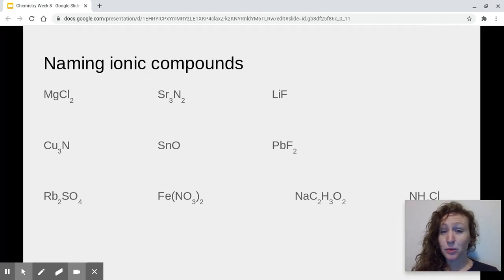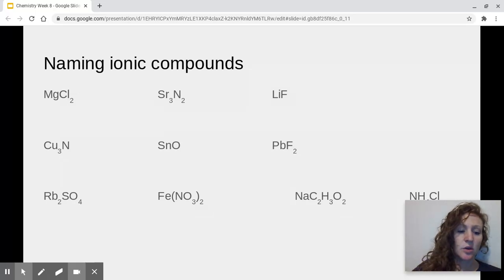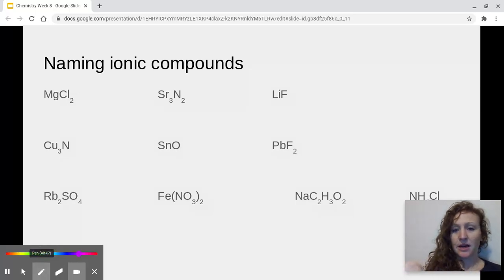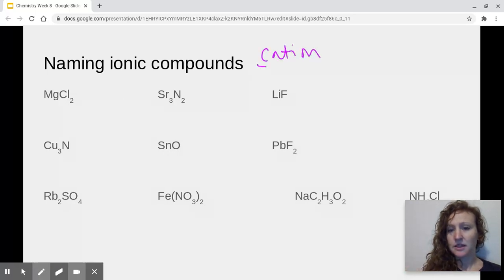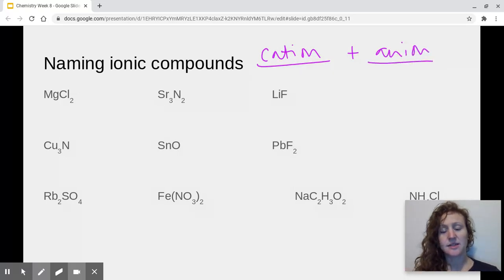So the basic premise of naming ionic compounds is pretty straightforward. We know that ionic compounds are made from a cation and an anion. And we know that the cations and the anions have been doubled or tripled or quadrupled in order to balance the charges of the cation and the anion so that the ionic compound comes out neutral.